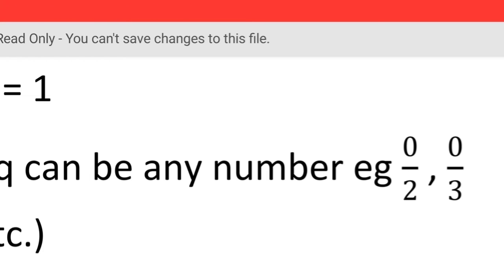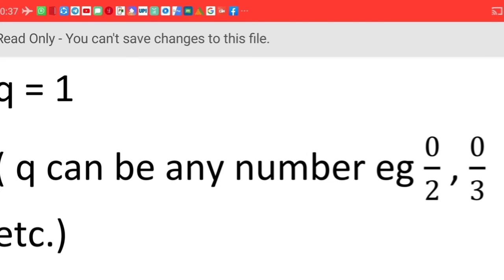We can write 2, 3, 4, 5, 6, 7, 8. If P is 0 and Q is equal to 2, your answer will be 0 only. 0 divided by any number is 0 only.